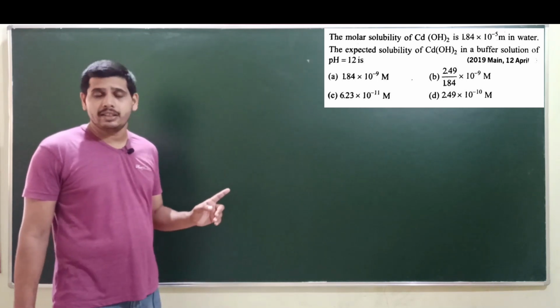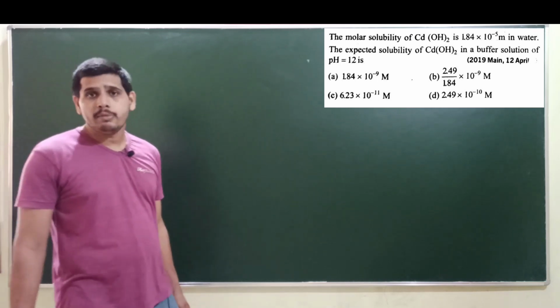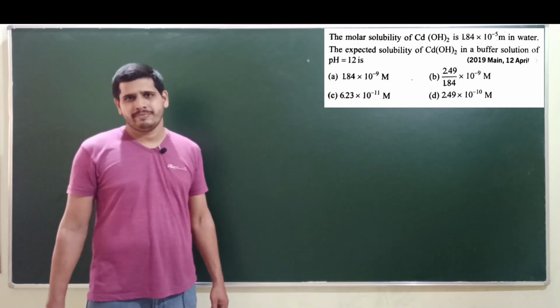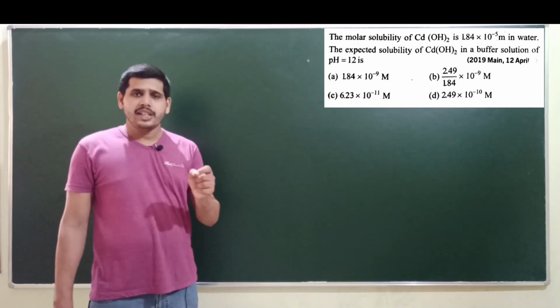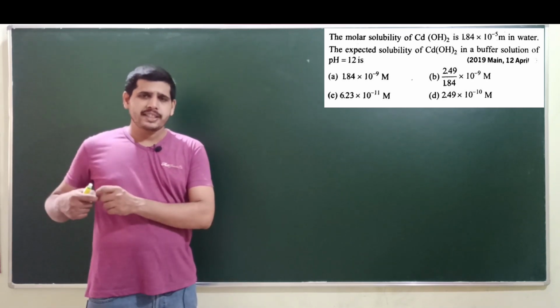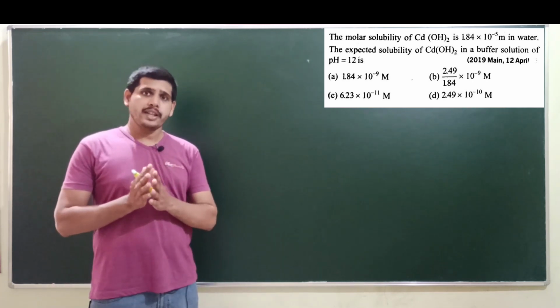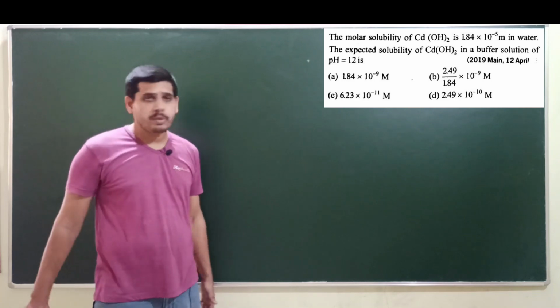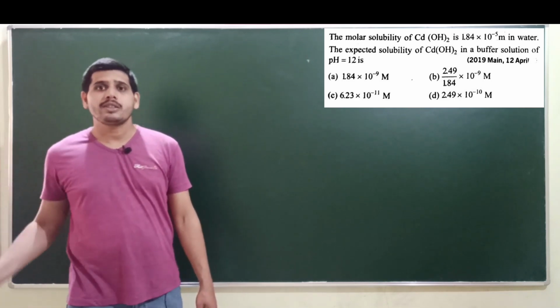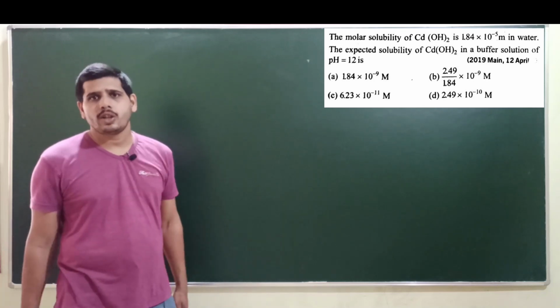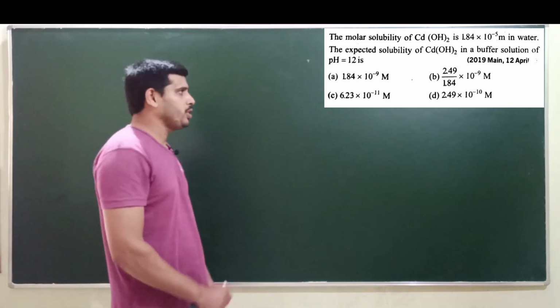Now the thing is that a buffer solution of pH 12 is used to dissolve this. How to find the solubility? pH indicates the H plus ion concentration, which in turn gives the OH minus concentration. So the OH minus concentration is due not only to cadmium hydroxide dissociation but also to the buffer solution. That must be added, and finally the solubility has to be calculated. Shall we do it? Yes.